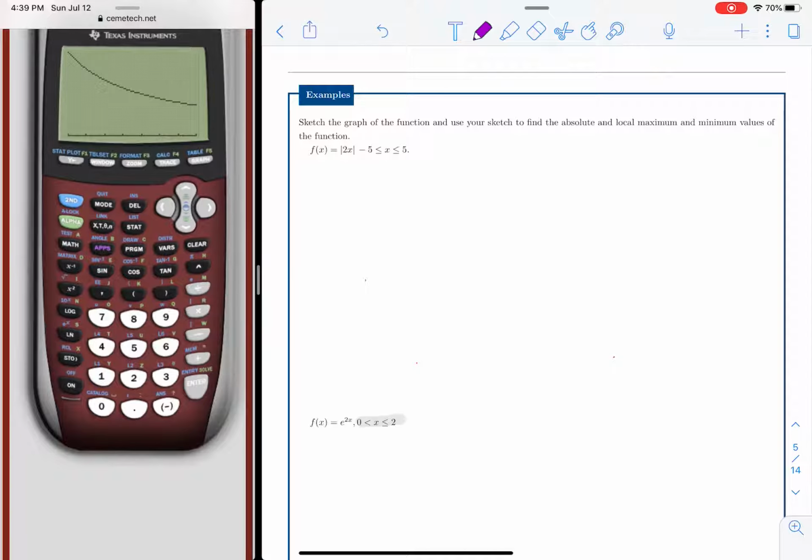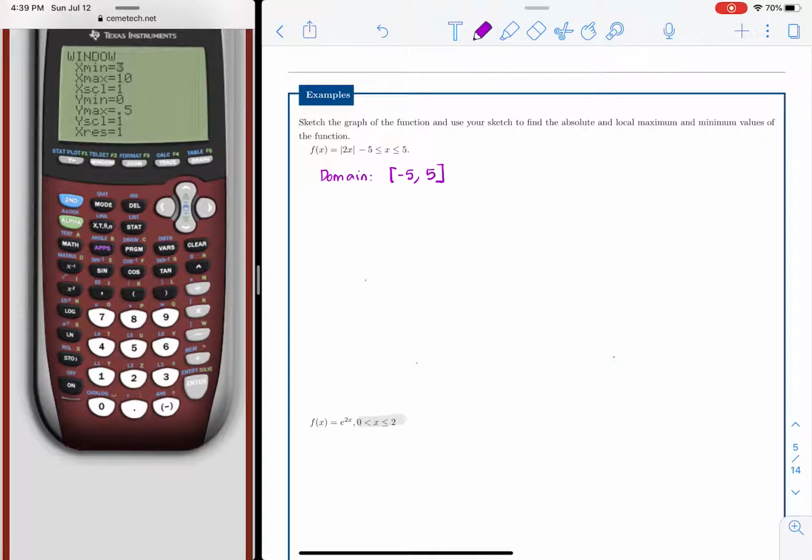Here we have an absolute value function. The domain is defined as -5 included, all the way up to +5. So let's go ahead and graph this. We could graph an absolute value by pressing math over to number 1 and 2 times x.